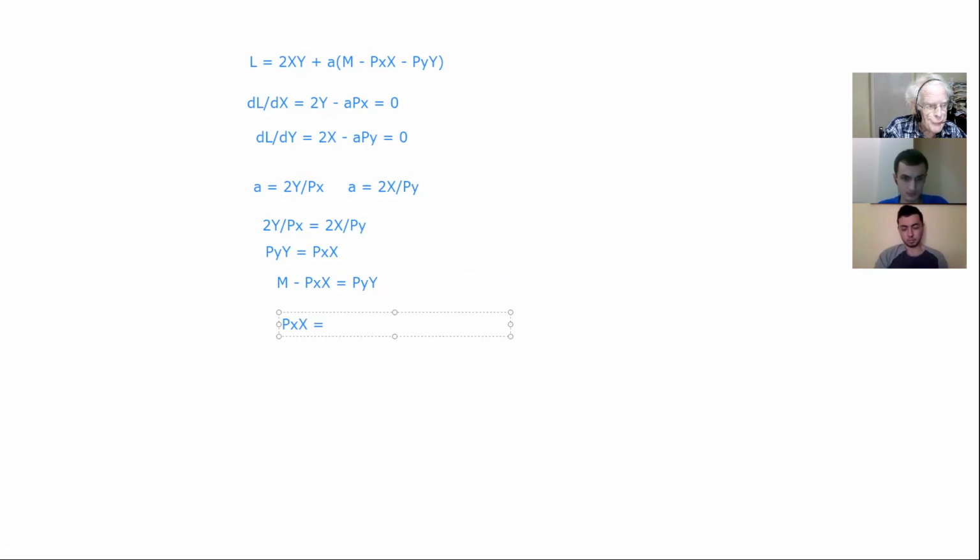So this is M minus spending on X. Let's gather terms on the left-hand side. And then there is our demand function for x. X is equal to m divided by 2 times the first of x.